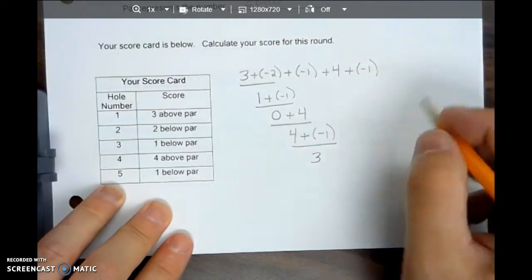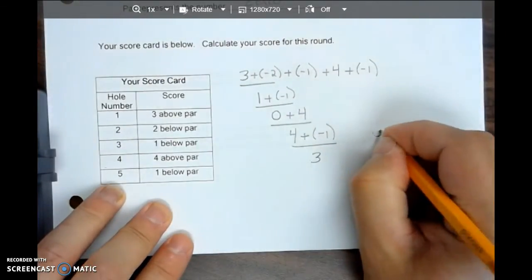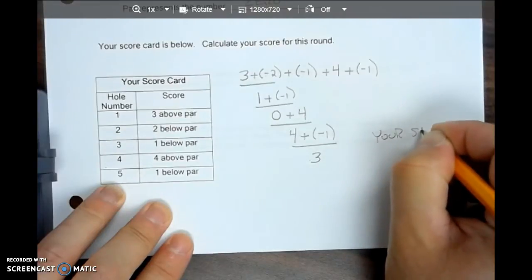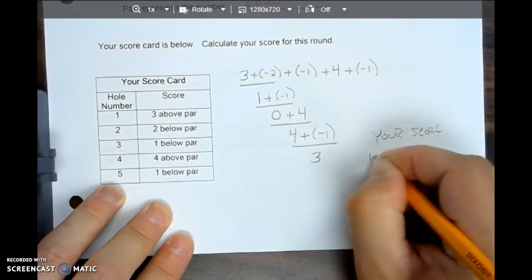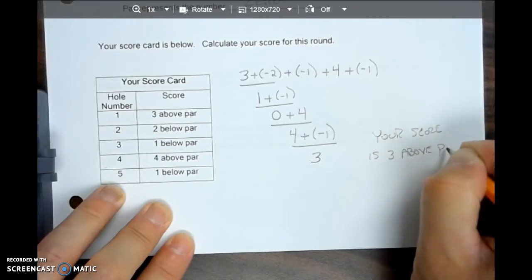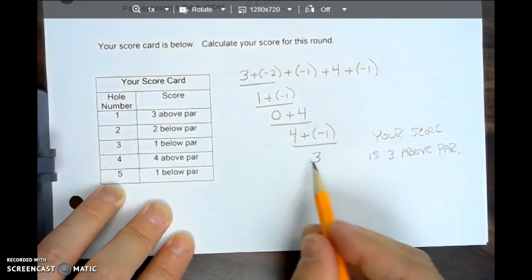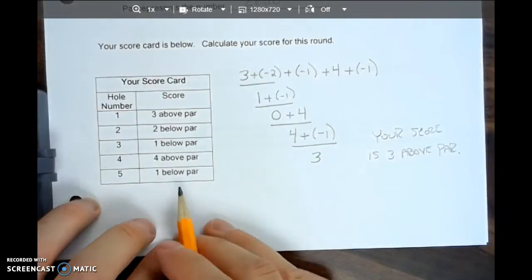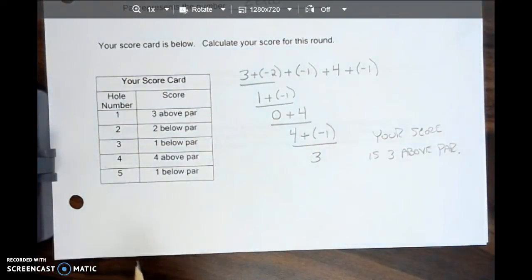Okay, and so you can say now, based off of this, your score is 3 above par. And we know it's above par because it was a positive number. And remember, in golf, you want to try to have a negative score so that you are below par.